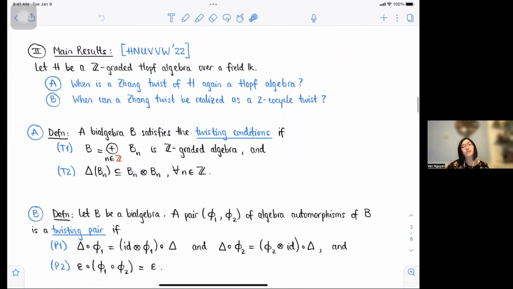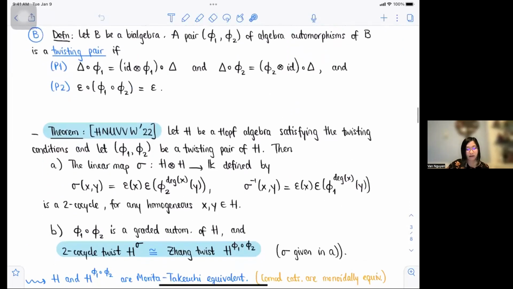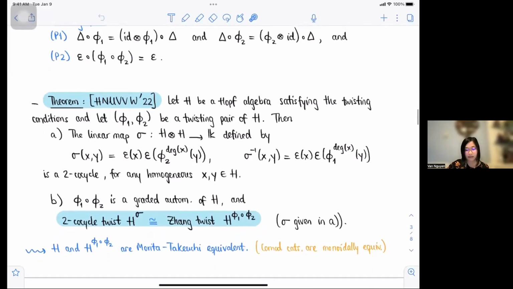And to answer question B, we introduce another notion called a twisting pair. A twisting pair is just a pair of algebra automorphisms that satisfy two conditions that behave nicely with respect to the comultiplication and the counit map of a bialgebra. On this twisting pair, we have these main theorems.